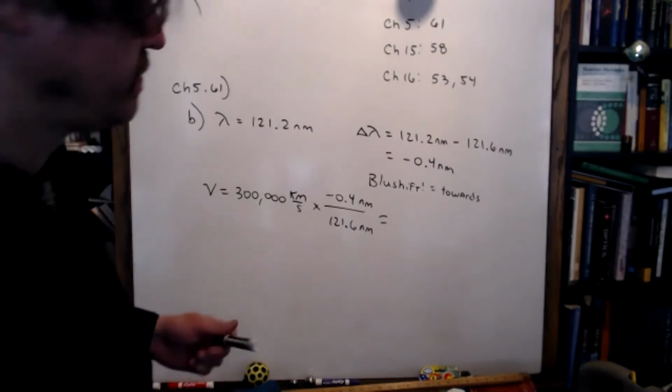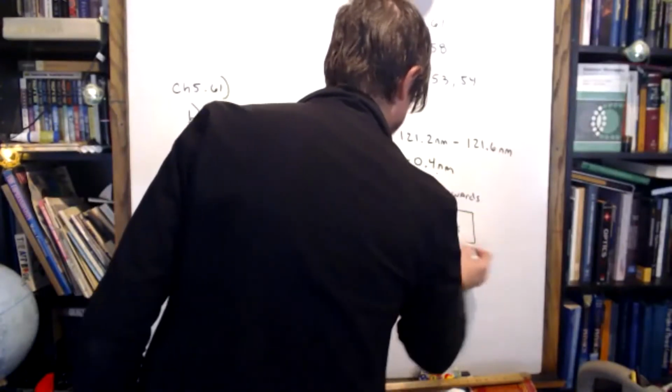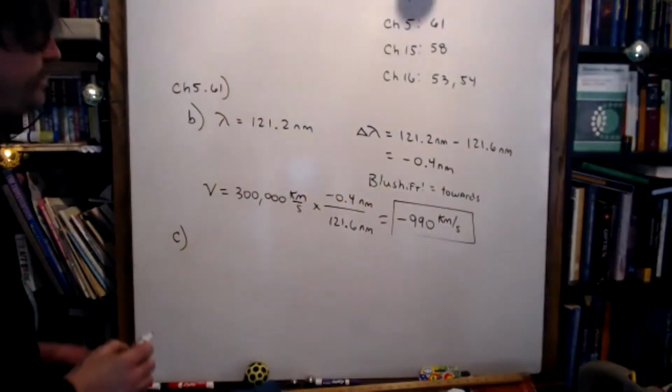Negative 990 kilometers per second. Good. Okay. Now move on to part C.